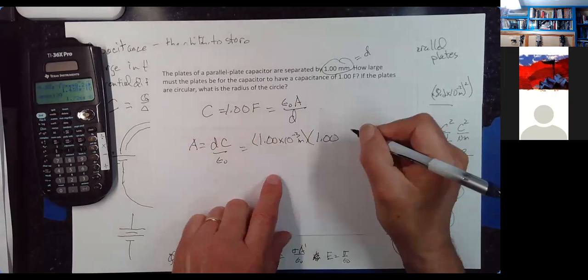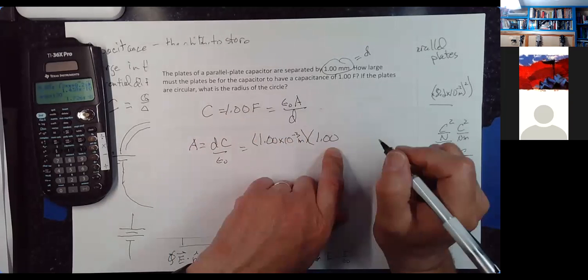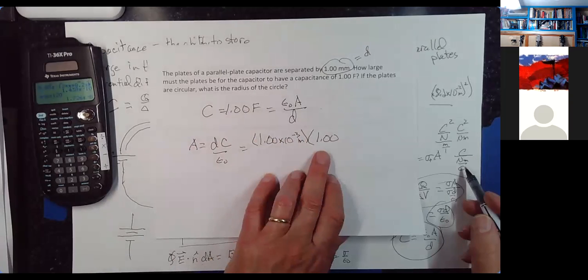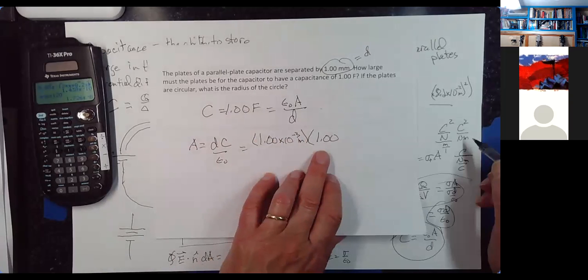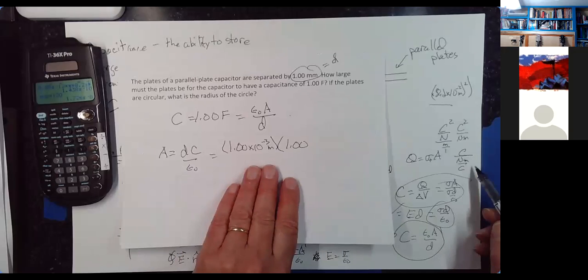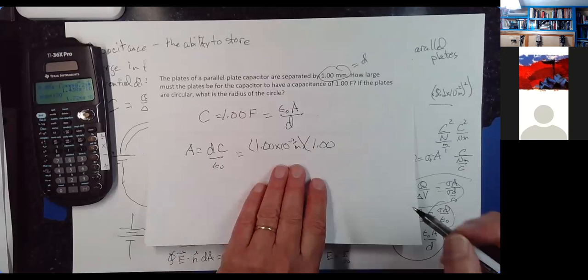1.00. Let's see, it might be best to write this as Coulomb squared per Newton meter.